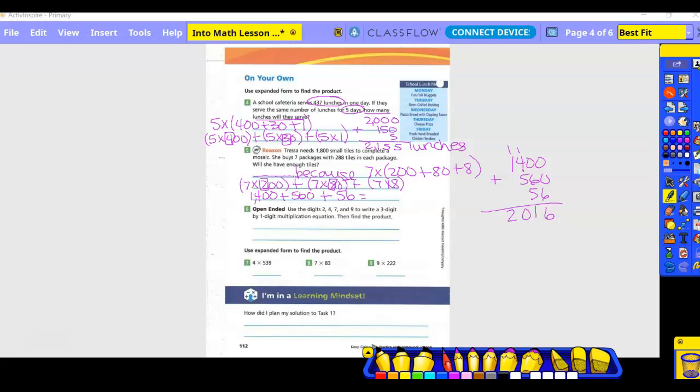So equals 2,016. So we would say yes, because that many packages would hold the 1,800 tiles or be able to satisfy that number.